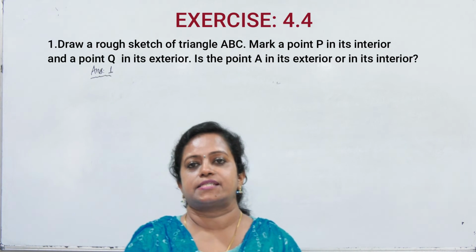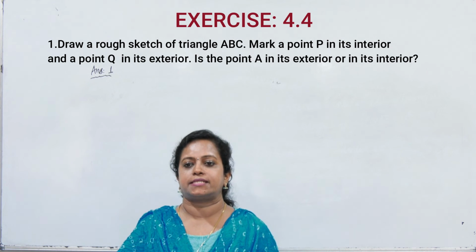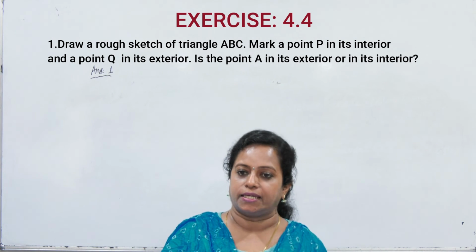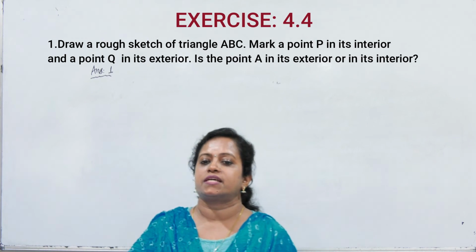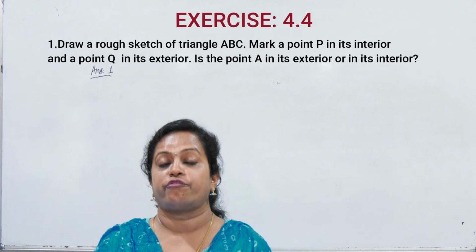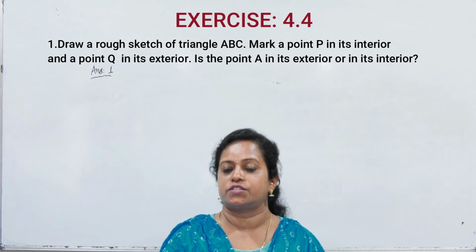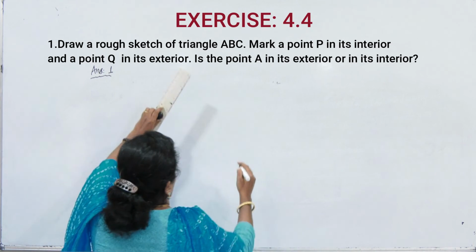Question number 1 of exercise 4.4. Draw a rough sketch of triangle ABC. Mark a point P in its interior and a point Q in its exterior. Is the point A in its exterior or in its interior? So the first part is you have to make a triangle which is named as ABC.